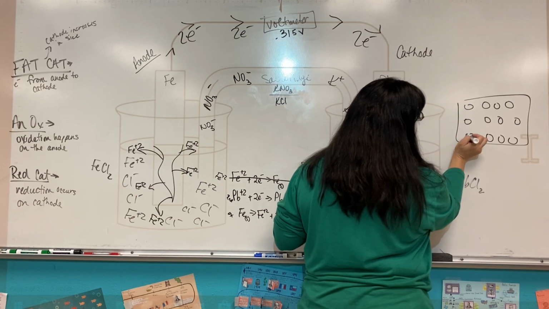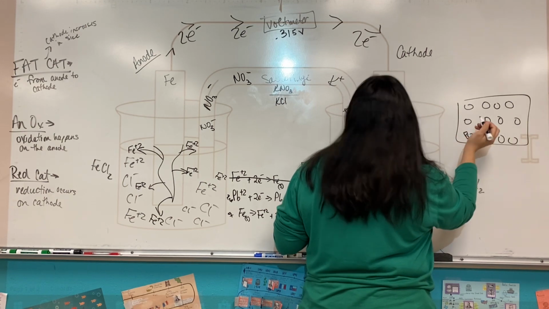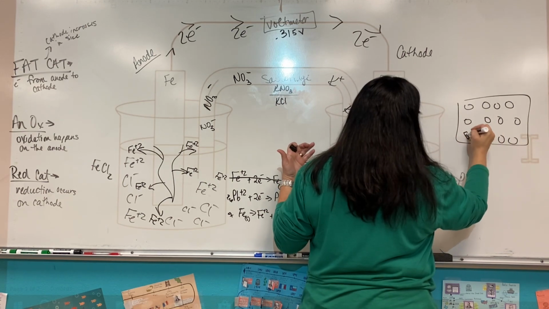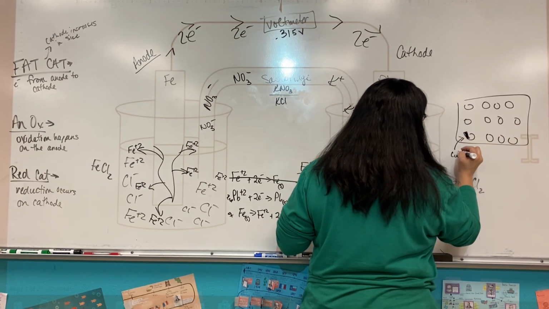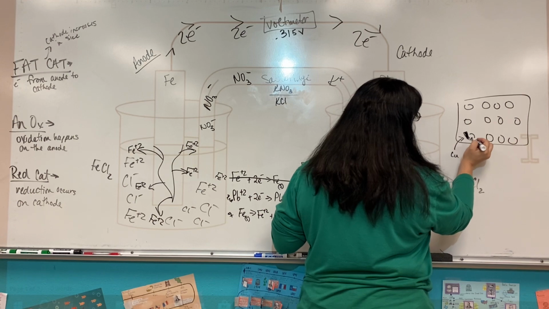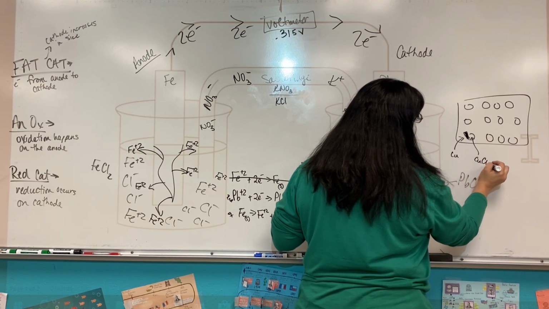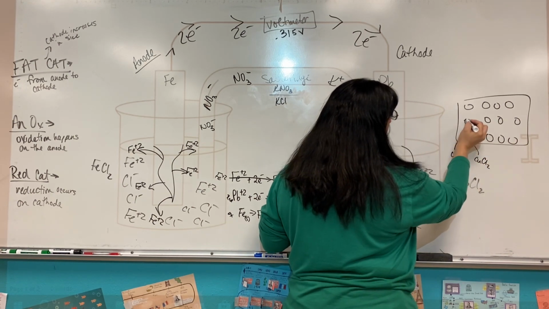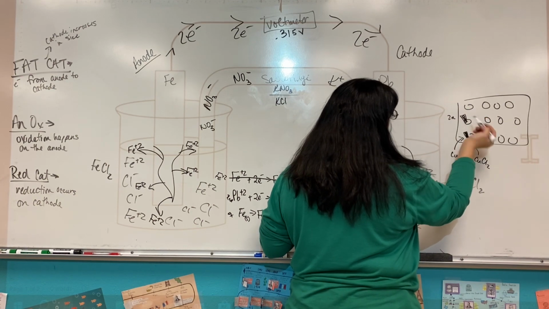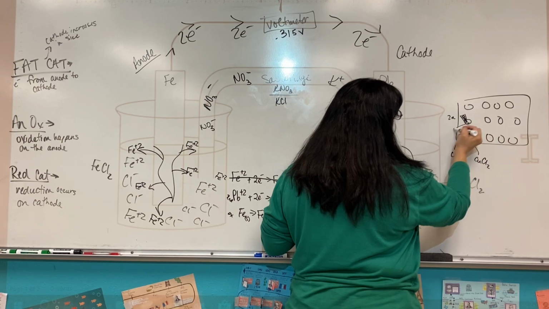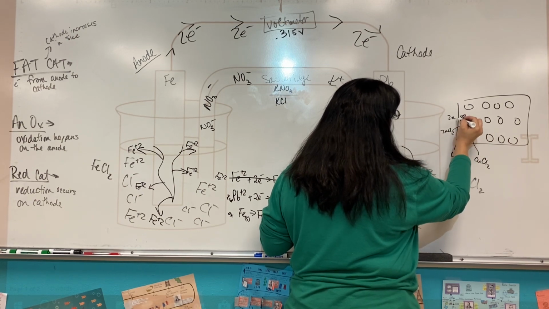And you're gonna put a piece of copper metal in a copper chloride solution. And then right here, I might put a piece of zinc metal in a zinc fluoride solution.